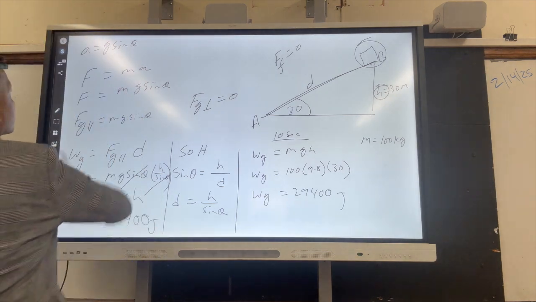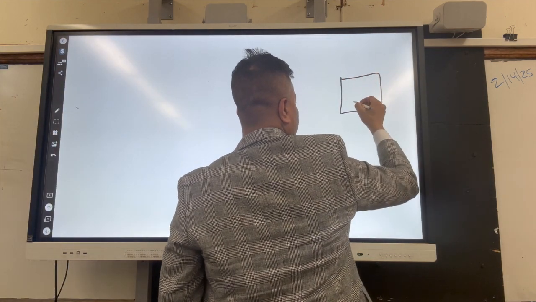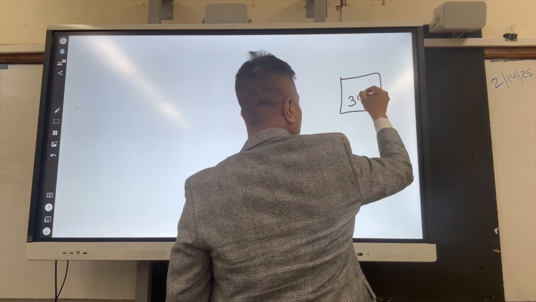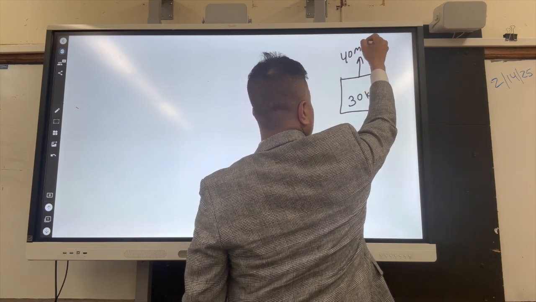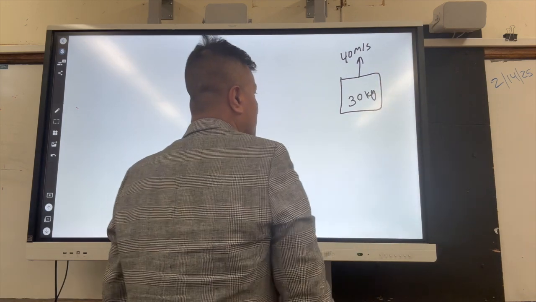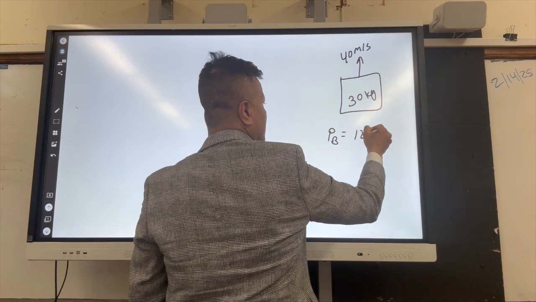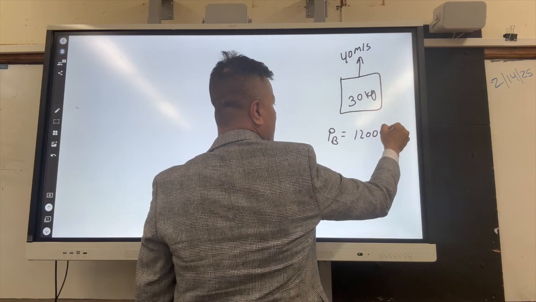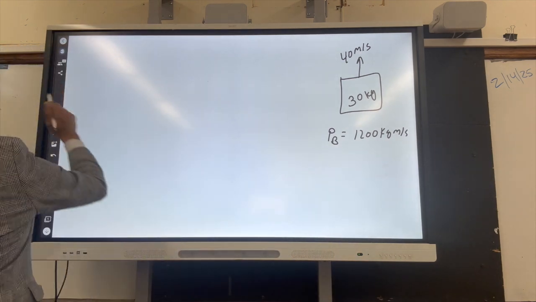Okay, great. Now I gave you granite. Granite is 30 kilograms, and granite is moving 40 meters per second in that direction. So what is the momentum before? 1200 kilogram meter per second. Now, what happened after?